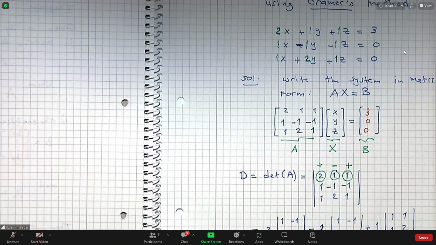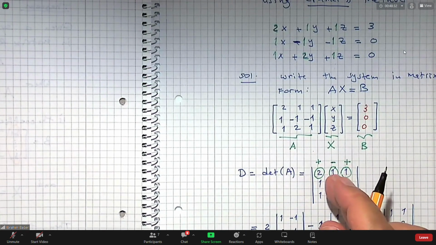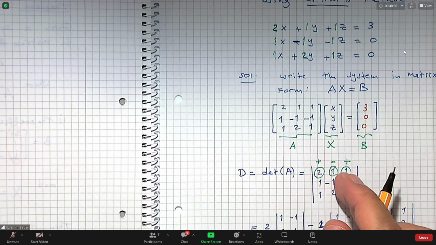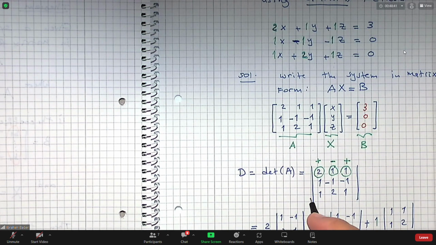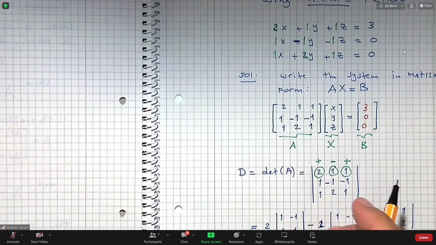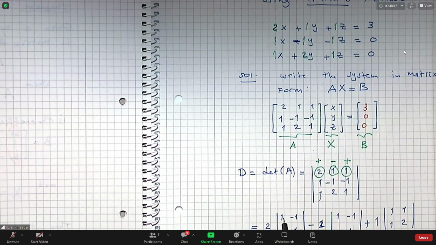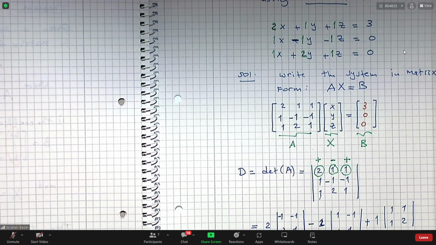Then this middle term will be, let me just check it. Of course, this one negative 1, 2. Okay, so 2 negative 1 negative 1. This one. Okay, so negative 1 negative 1. So you have negative 1 plus 2. So here you have 2.